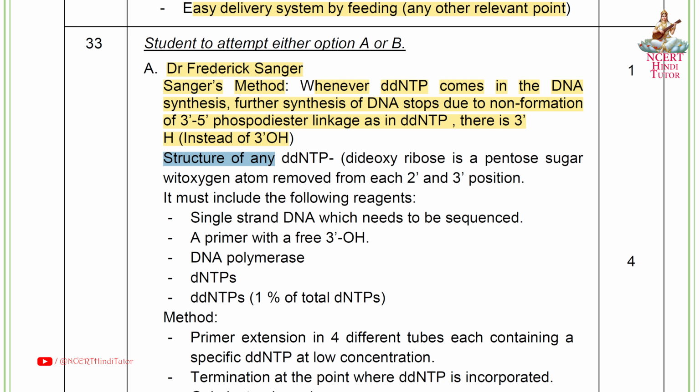Structure of any ddNTP. Dideoxyribose is a pentose sugar with oxygen atom removed from each 2' and 3' position. It must include the following reagents: single strand DNA which needs to be sequenced, a primer with a free 3'OH, DNA polymerase, dNTPs, ddNTPs, 1% of total dNTPs.